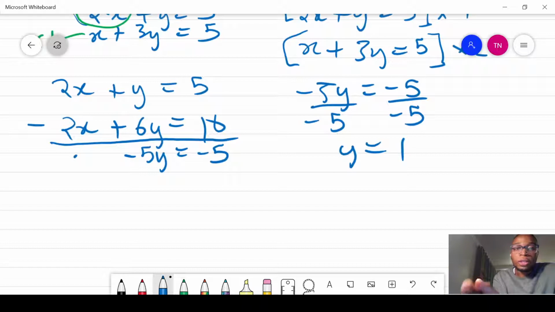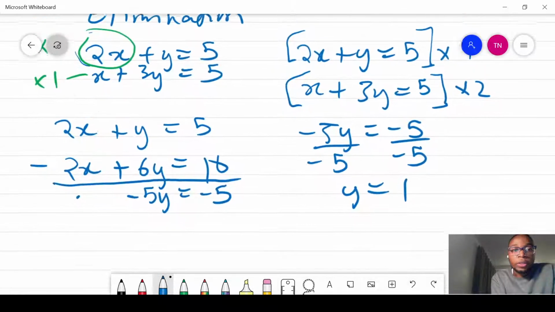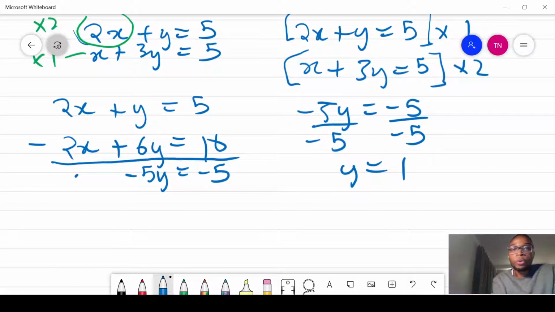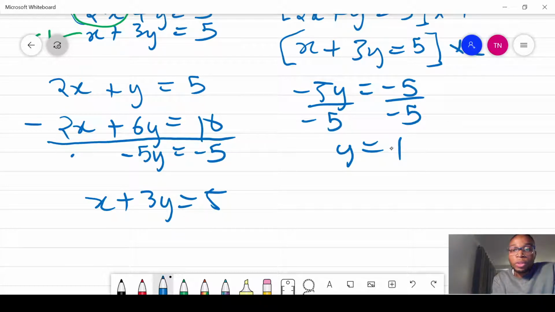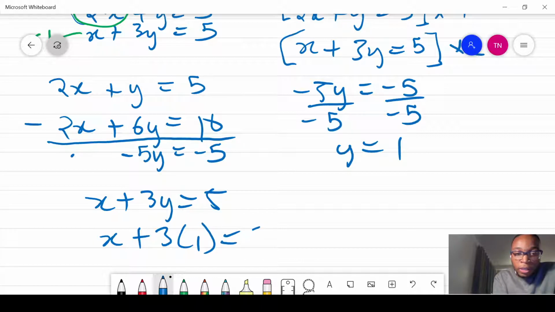Then after you do this, you can go back now to your substitution. You can choose either equation 1 or equation 2 to substitute into to get the value of x. So we're going to choose equation 2. So equation 2 is x plus 3y is equals to 5. Then on substituting y is equals to 1, this becomes x plus 3 times 1 equals to 5.